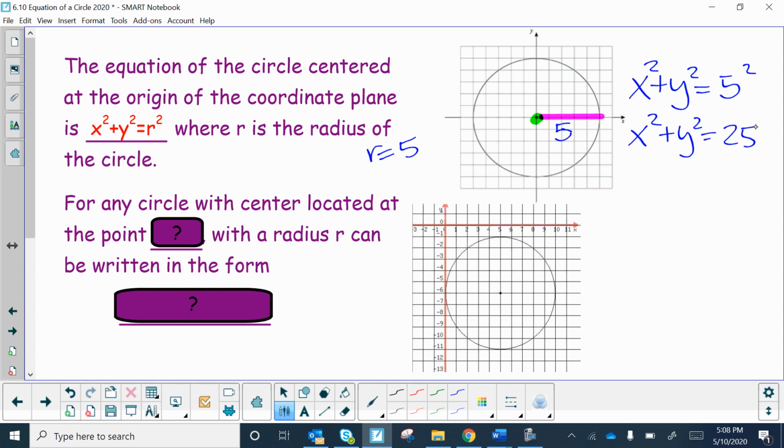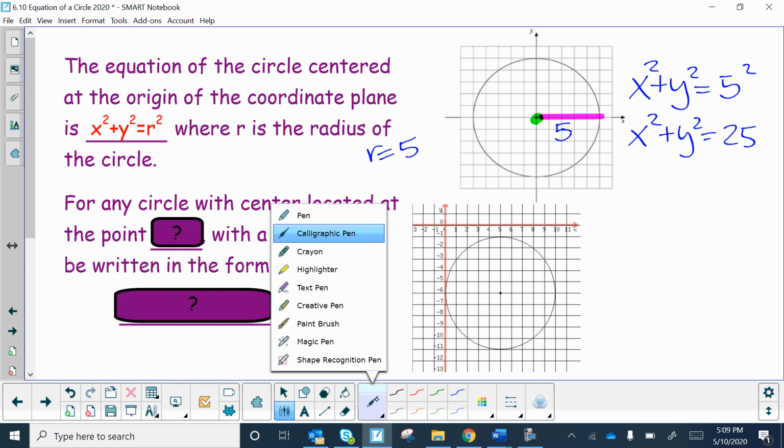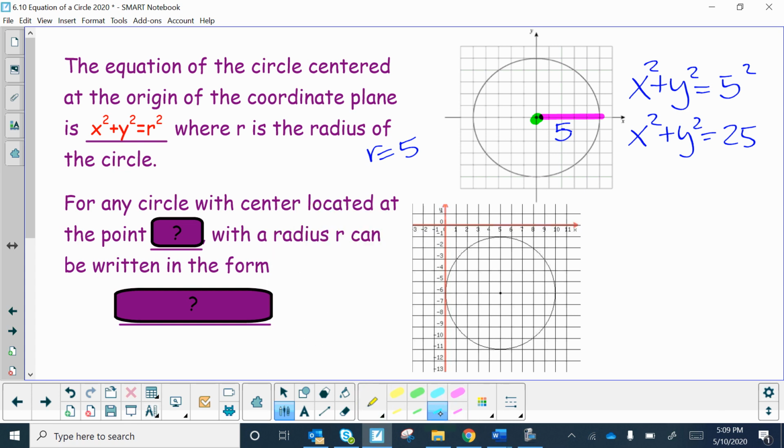Now the origin is not always going to contain the center of a circle. The center of the circle is not always going to be at the origin, like in this next example. Here's the origin, and here's the center of the circle, which is not at the origin of the graph. It's actually at 5, -6.